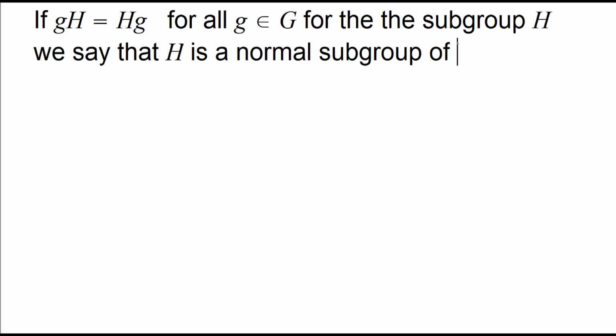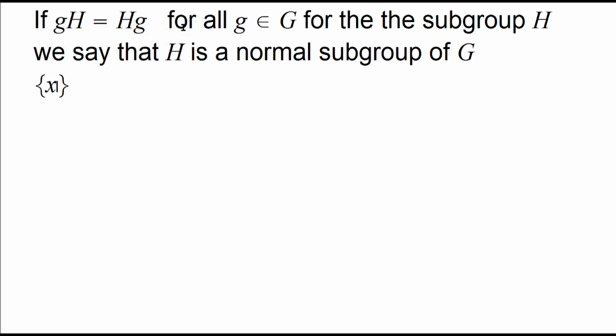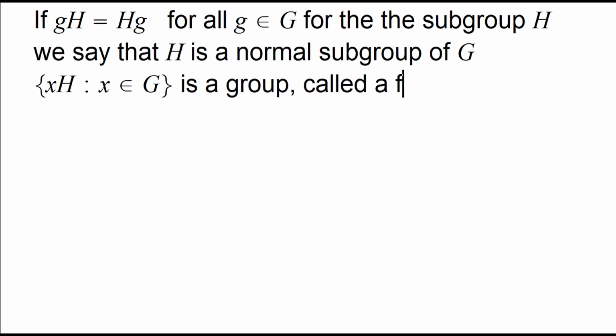And what happens in this case? The set XH, where X is in G, or this set of left cosets of H, is a group, and that is called a factor group.